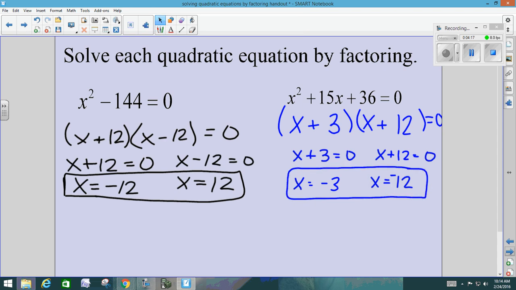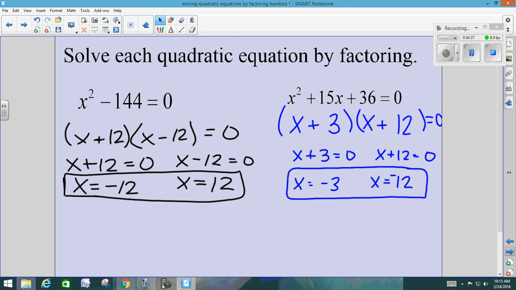Today, the 2 answers that you get should always work when you plug it in. Okay? If we were referring to this in geometry, and if my x value represented a side length, that's when you have to worry about the negatives and stuff. But today, your negatives should be okay.